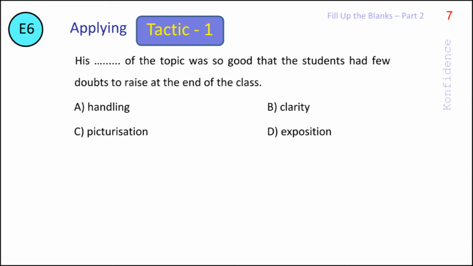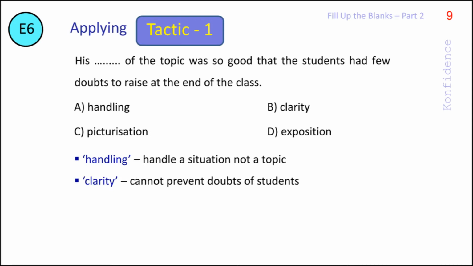Now let us look at the options. The word we think, explanation, is not among the options. Option A is handling. Well, we can handle a situation, not a topic. Option B is clarity. His own clarity on the topic will not prevent the students from having doubts.